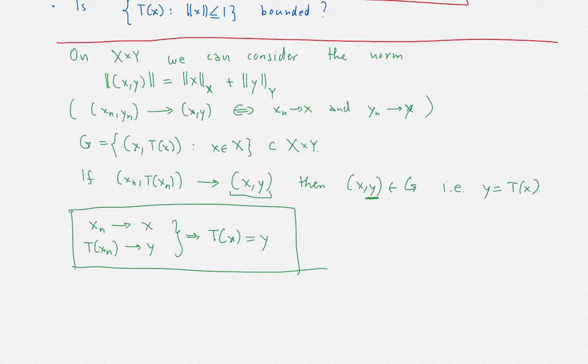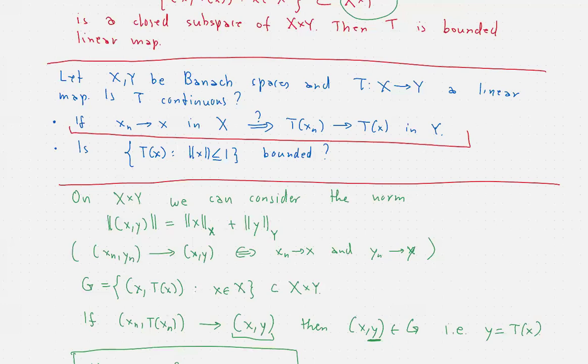In the original statement of continuity, you just want to take T of x_n and show that it converges to T of x. And that might be a much harder task than assuming that the sequence T of x_n already converges to a point in y, and only having to confirm that that point has to be the image of x.